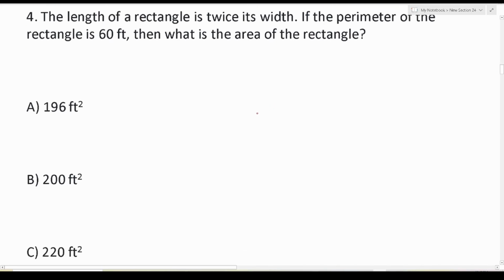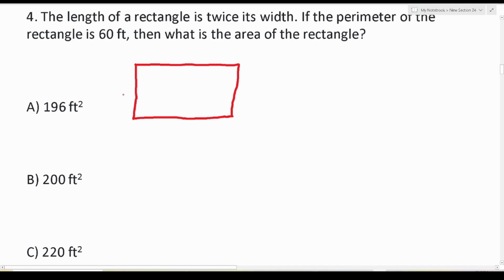All right, number 4 says the length of a rectangle is twice its width. If the perimeter of the rectangle is 60 feet, then what is the area of the rectangle? So again, since we're dealing with a rectangle, let's go ahead and draw one as best we can here. And according to the problem, the length of the rectangle is twice its width.